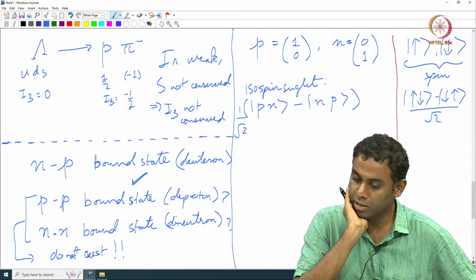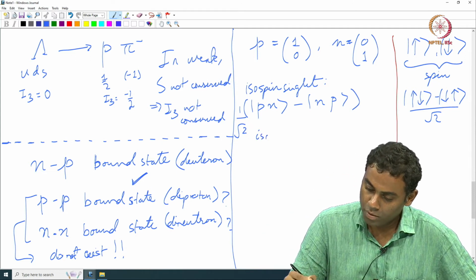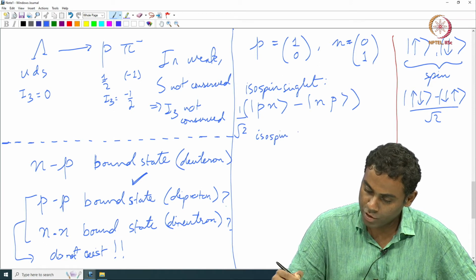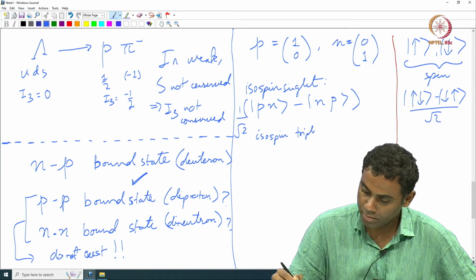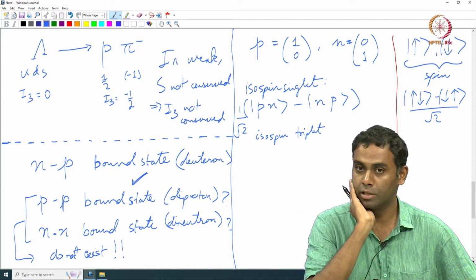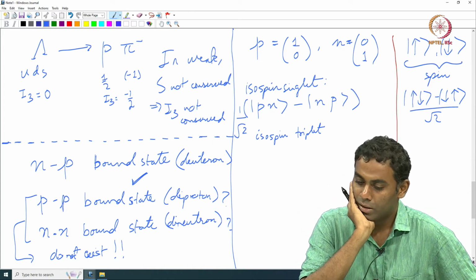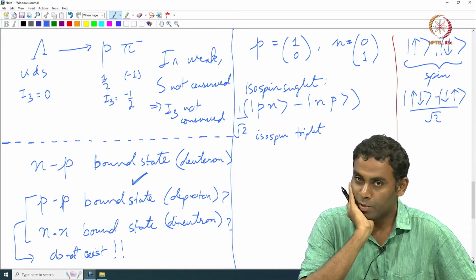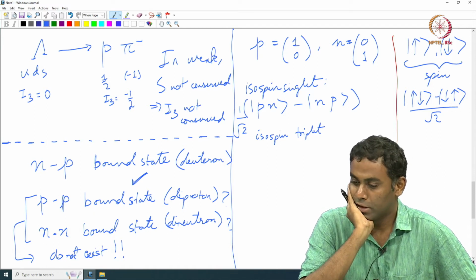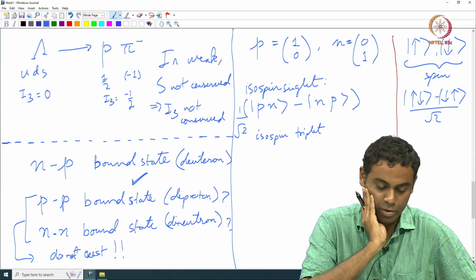Now you can answer the following question: which combination would form an isospin triplet? If I combine two spin half states, I can get a singlet and a triplet. Obviously the triplet is going to be a symmetric combination, while the singlet is antisymmetric.